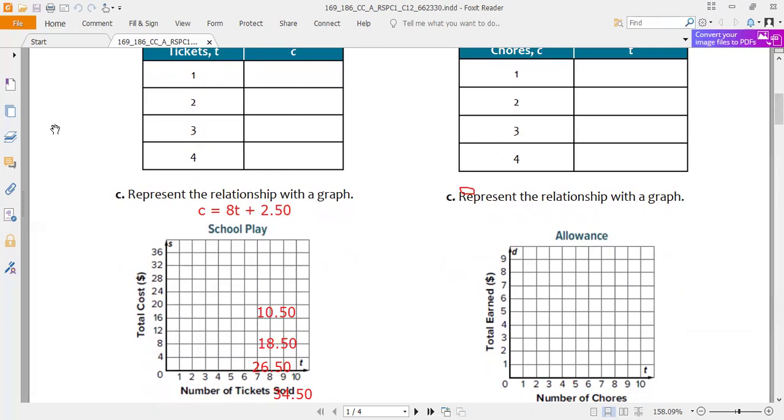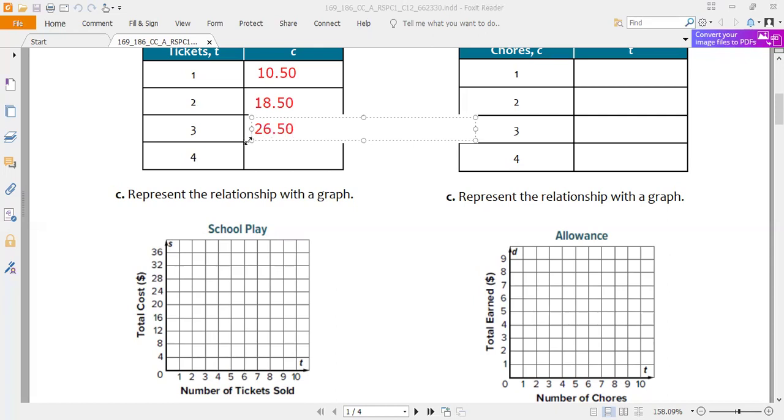Let me write here again, sorry, because this was removed. So these are 10.50, then again 18.50, then again 26.50, then again 34.50.